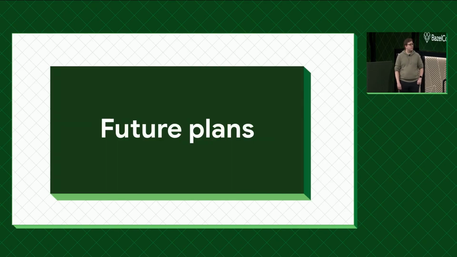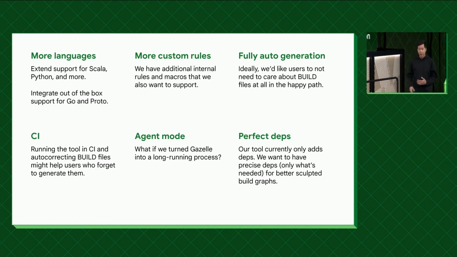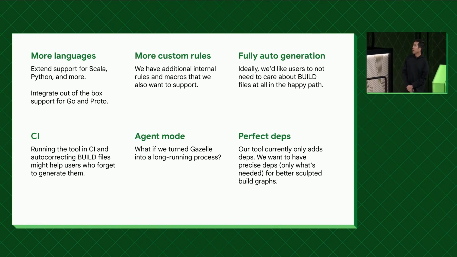Yeah. Cool. So more or less, we've described the current state of our project. I want to talk about how we think of this as a platform, because we do believe that there's a lot more work to be done. Obviously, extending support for all of our other languages, Scala, Python, more support for custom rules that we have in our internal repo.